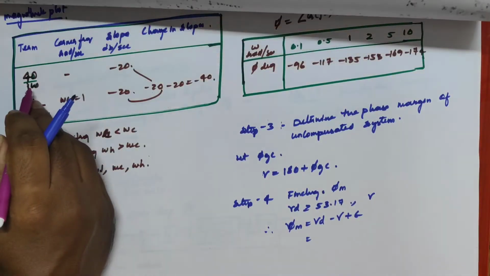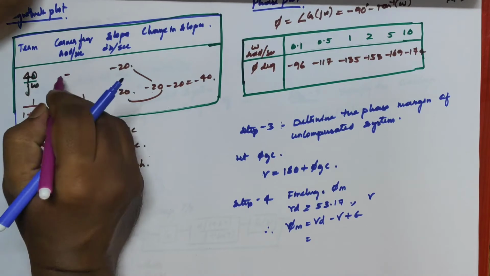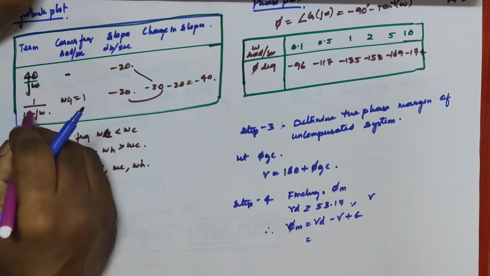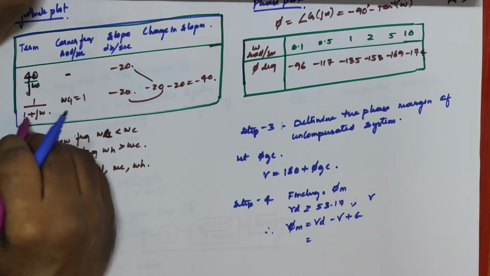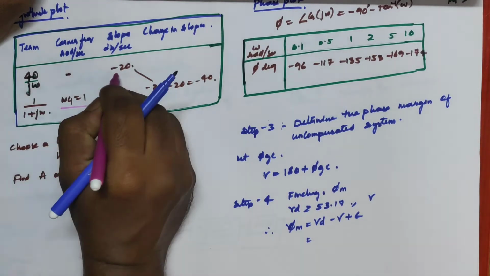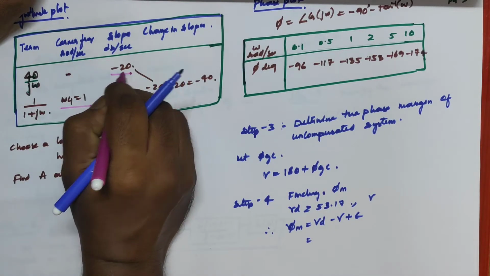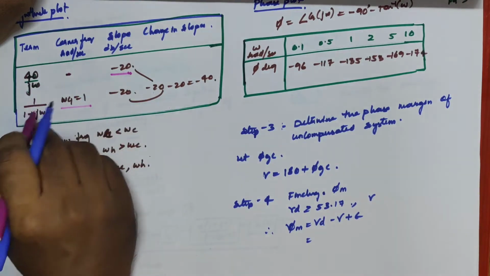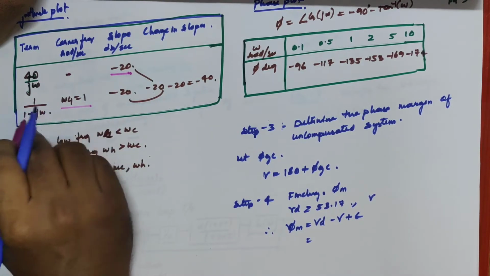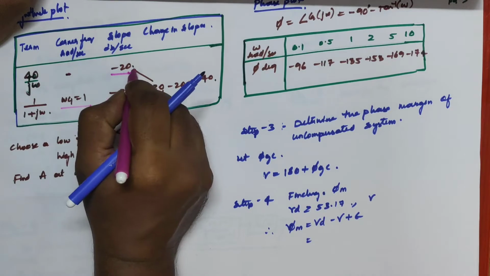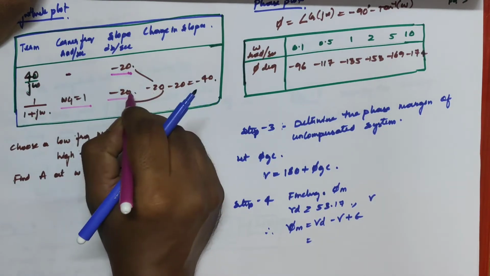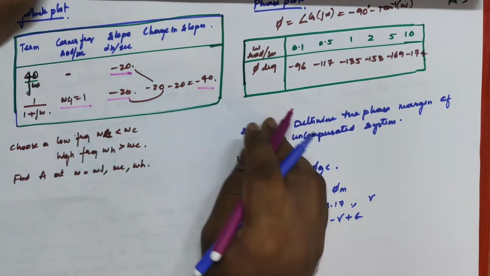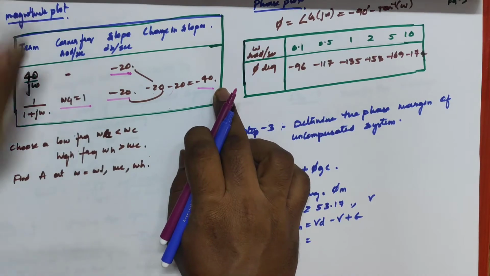There is no corner frequency for it, and then we have another part with corner frequency 1. The pole at the origin gives minus 20 dB per decade, and the other pole gives another minus 20 dB, so the change in slope is minus 20 to minus 40. You already know how to draw the Bode plot, so I'm not going in depth.